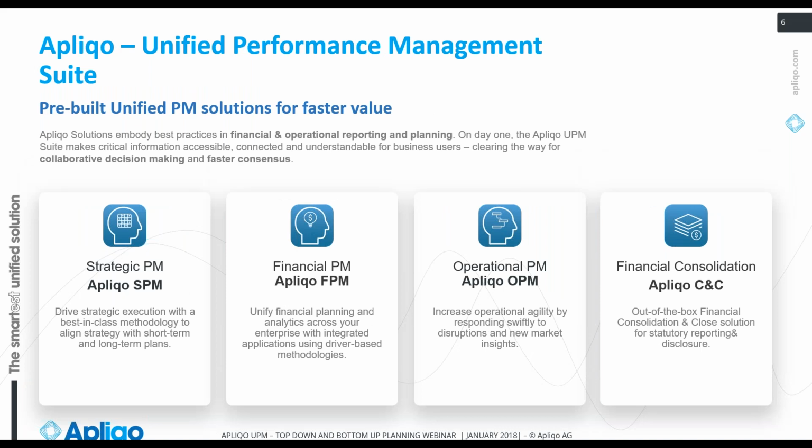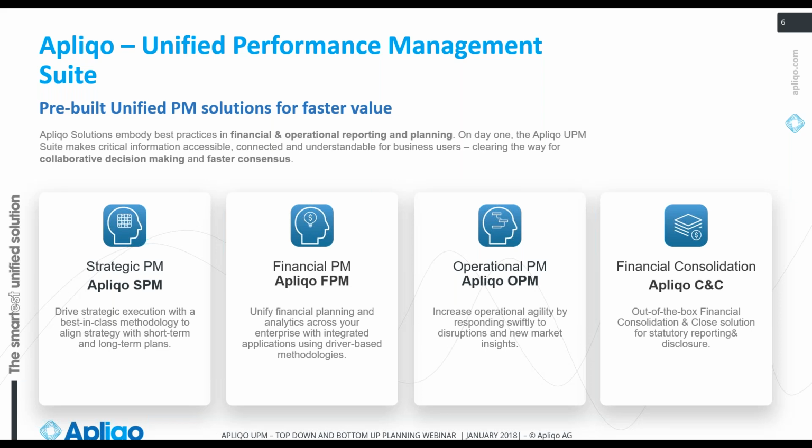A lot of companies talk about corporate performance management, enterprise performance management, integrated business planning. When KPIs talks about unified performance management, we always talk about the integration of strategic, financial, and operational plans in an organization. And the whole UPM suite covers the different parts of this.